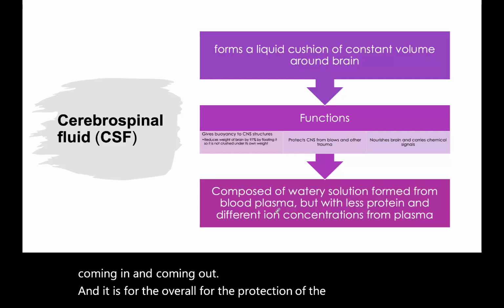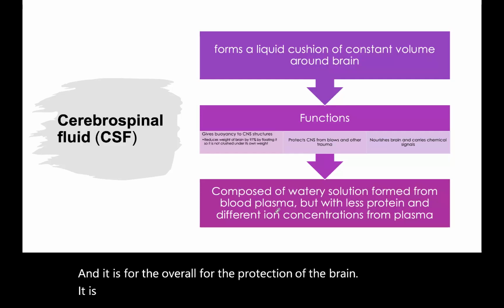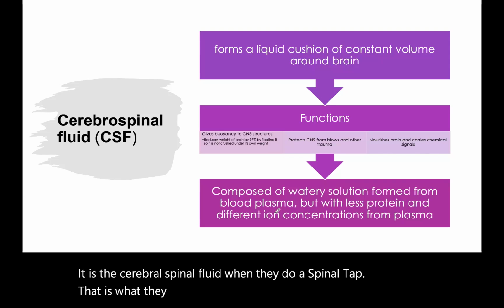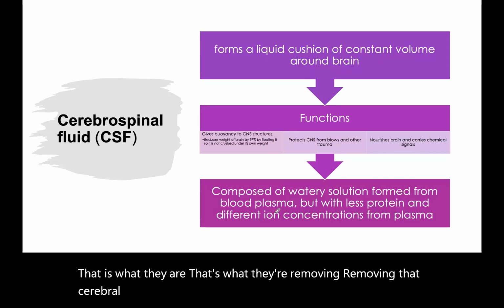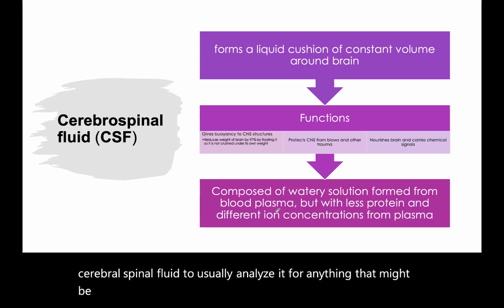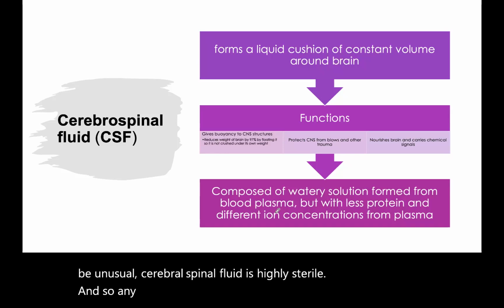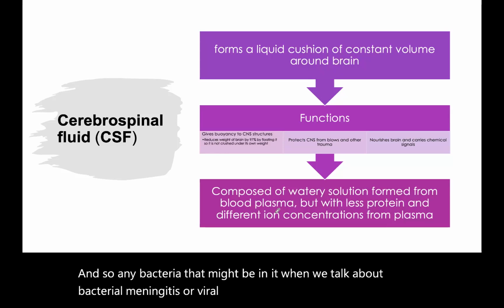It's overall for the protection of the brain. It is the cerebral spinal fluid that they remove when they do a spinal tap. They remove that cerebral spinal fluid to usually analyze it for anything that might be unusual. Cerebral spinal fluid is highly sterile. And so with any bacteria that might be in it, when we talk about bacterial meningitis or viral meningitis, meningitis is referring to the meninges.